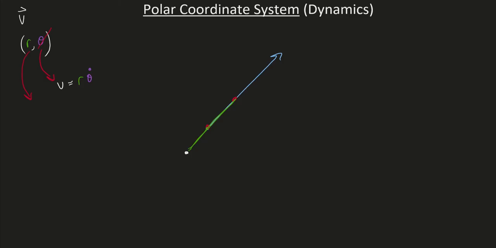So the speed here is simply how much is my r changing with respect to time. And this really is the speed due to the changing of r, v r. And let me say over here, this is v theta, the speed due to the changing of the angle of this particle. And of course, dr dt is also known as r dot.